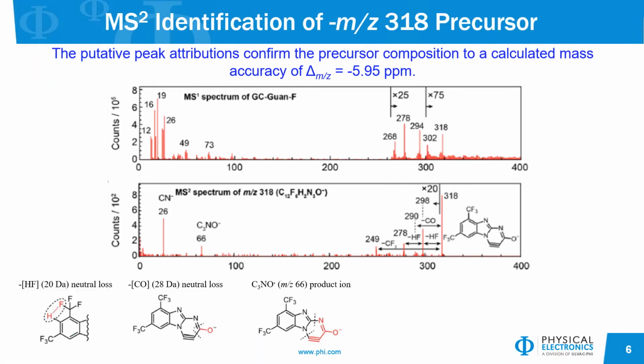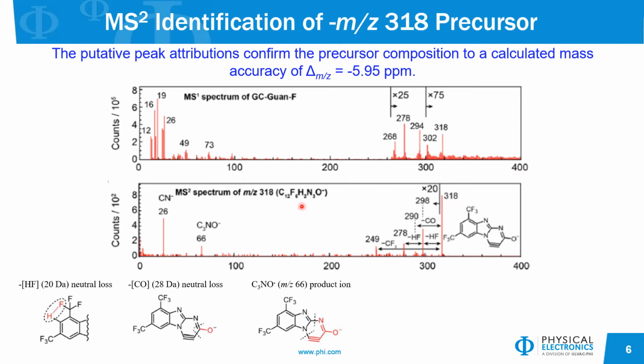So here what we're looking at, in the top panel, is the TOF-SIMS spectrum, or the MS1 spectrum, of the lower mass range from this sample, the fluorinated guanidine condensation sample. In the bottom panel is the tandem MS product ion spectrum of the precursor arising at a mass to charge ratio of 318.